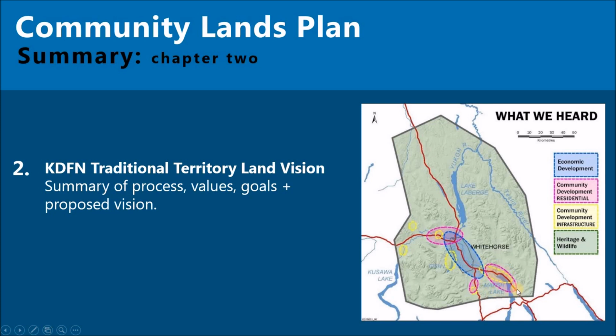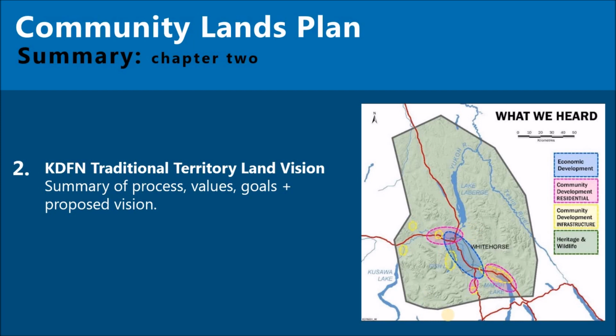several nodes within Kwalendon's traditional territory that could be supportive of residential development, so in pink here. And then similarly we did the same thing with infrastructure. We developed a number of nodes outlined in yellow that could support area facilities or infrastructure needs.